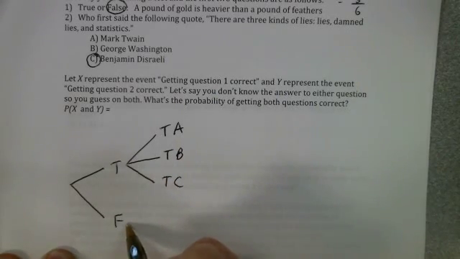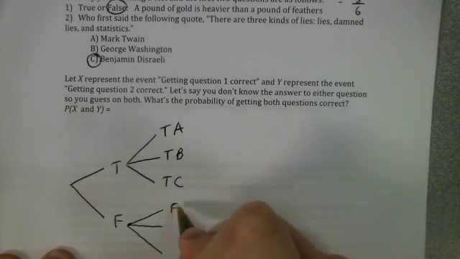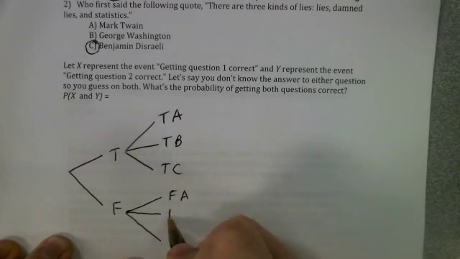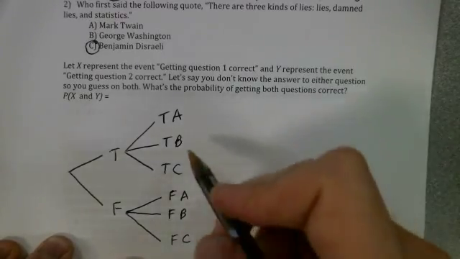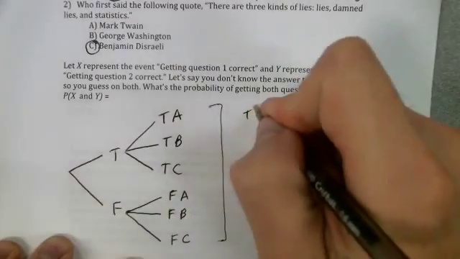Or you could guess false on the first question. And then on the second question, you could guess A. So guessing false, then guessing A is an outcome. False, then B is an outcome. And false, then C is a possible outcome. So there are 6 possible outcomes.